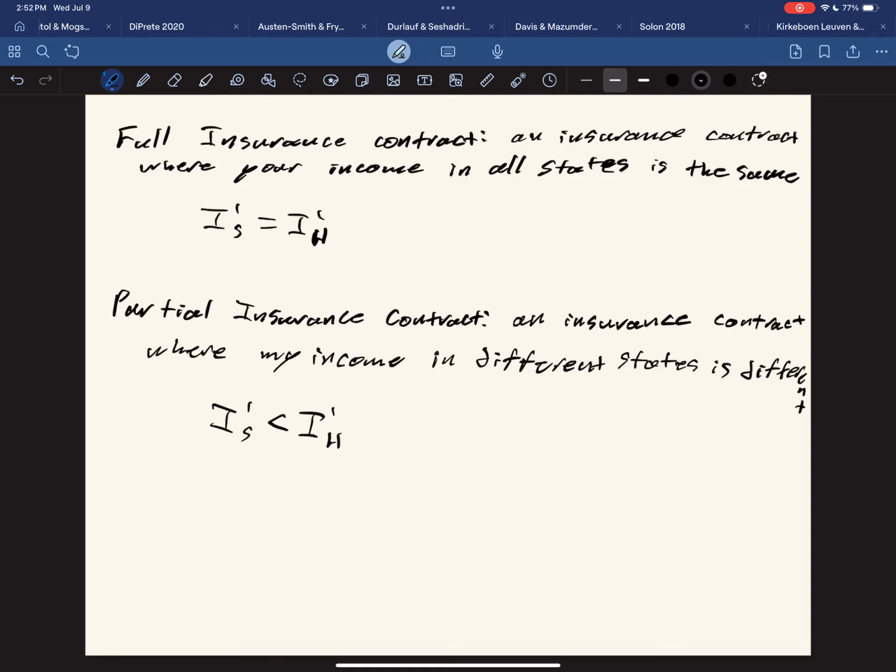So full insurance, right? So in full insurance, how do we have the premium for full insurance?